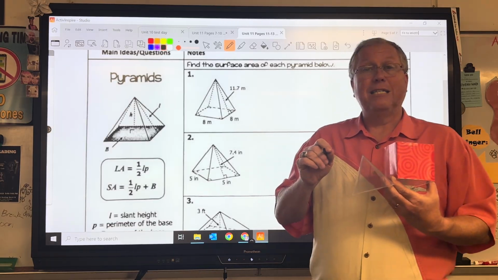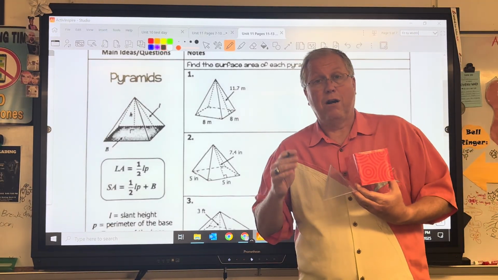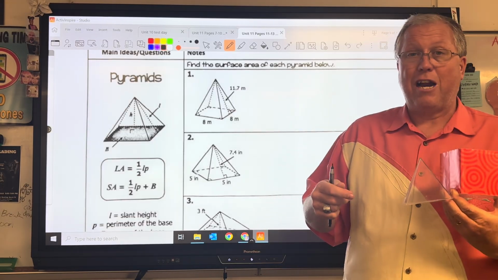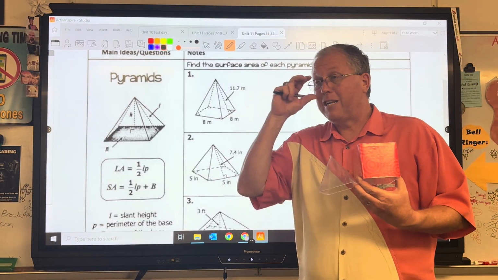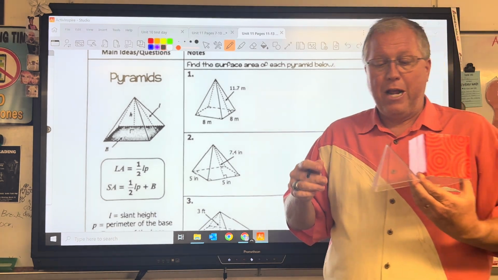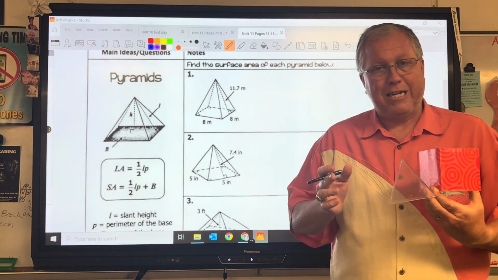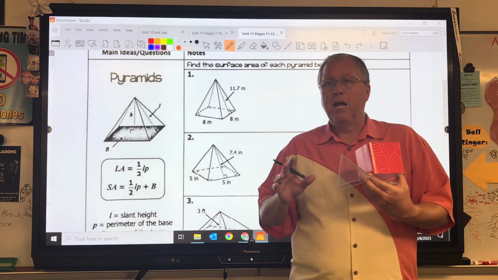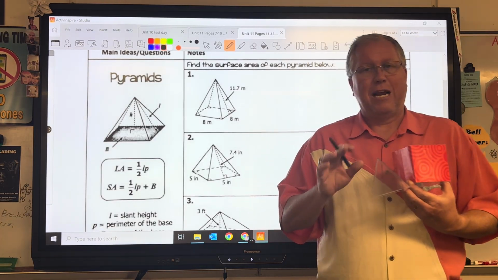The nice thing is that if it's regular, meaning all sides equal, a regular polygon, like a regular triangular pyramid, or a regular hexagonal pyramid, or a regular octagonal pyramid, all of those triangles are going to be the same. It doesn't have to be that way, especially with triangular pyramids and rectangular pyramids, but sometimes all of those triangles are the same, so that kind of helps you out.